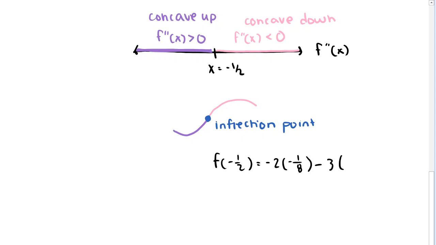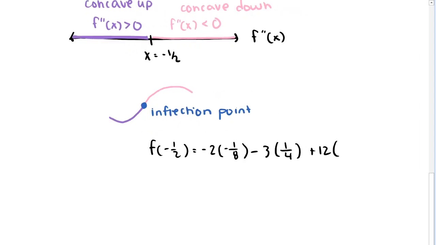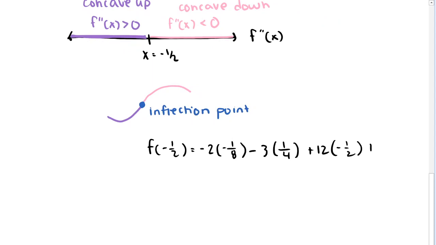Minus 3 times negative 1/2 squared, so that's 1/4. Plus 12 times negative 1/2 plus 5. So this is 1/4 minus 3/4 plus, no, not plus, minus 6 plus 5.